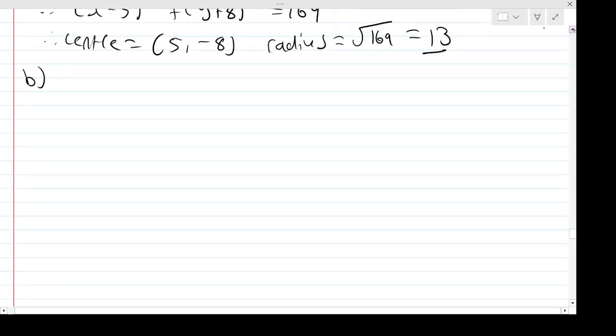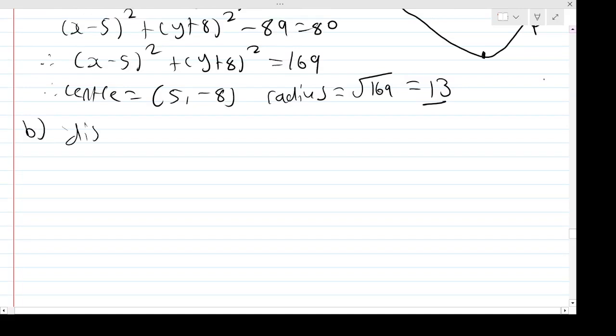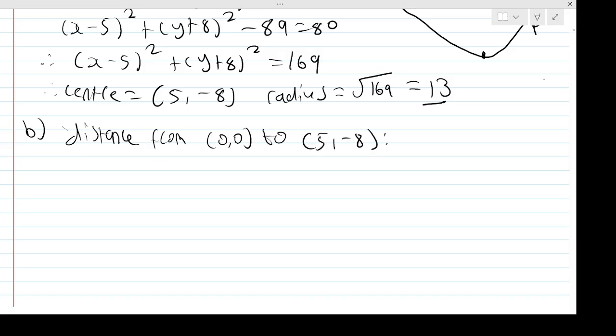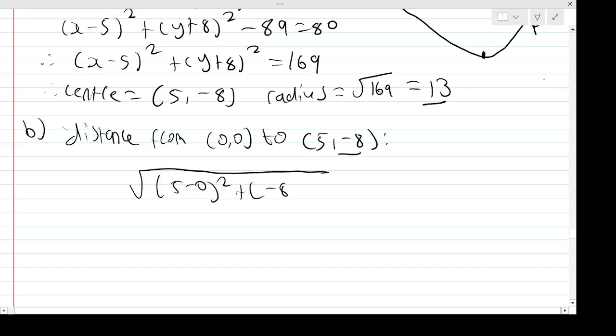So to find OP, I need to find the distance from the origin, which was (0, 0), to the centre, which is (5, -8). That's going to be the root of the change in x, so 5 take away 0, all squared, plus the change in y, so minus 8 minus 0, all squared.